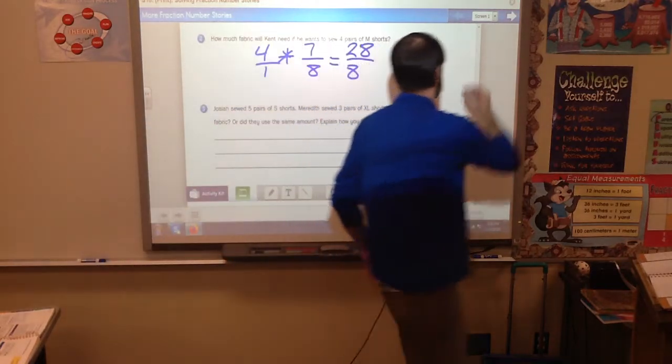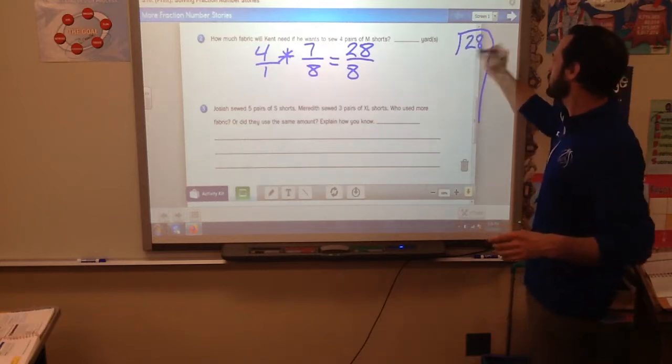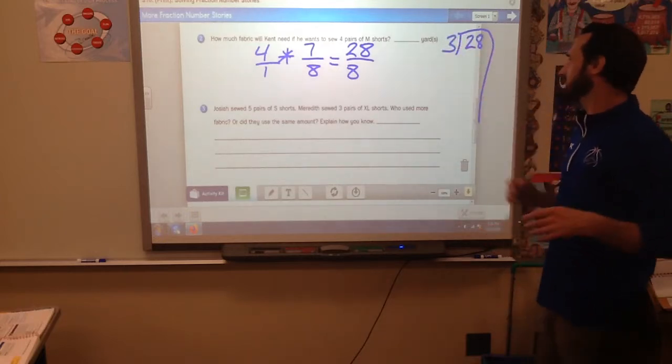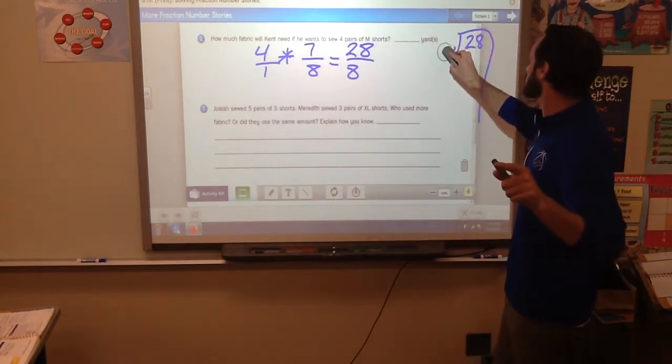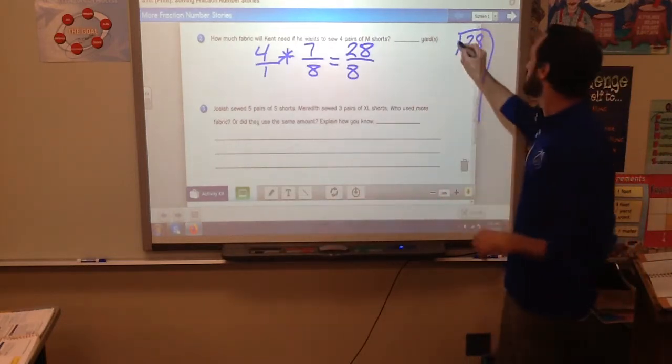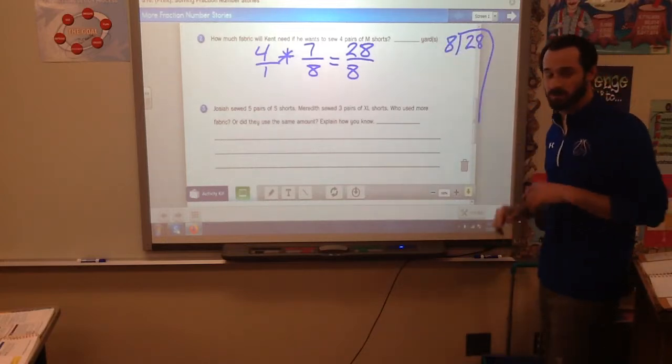So what this problem now becomes, we wouldn't say 28/8 of a yard, so we have to make this a mixed number. Oh, my bad, not 3. Sorry. It should be 28 divided by 8. So go ahead and solve that. That should get you your answer for this.